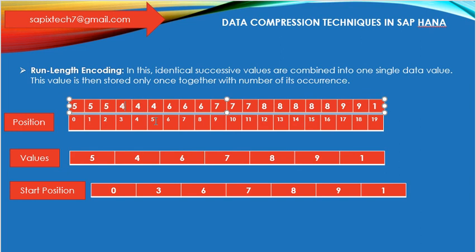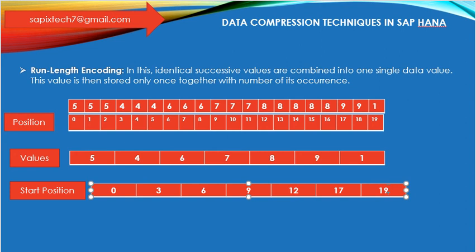Now start position of 6 is from 6 itself. That is correct. Start position of 7 is from 9. Start position of 8 is from 12. And start position of 9 is from 17. Start position of 1 is from 19.